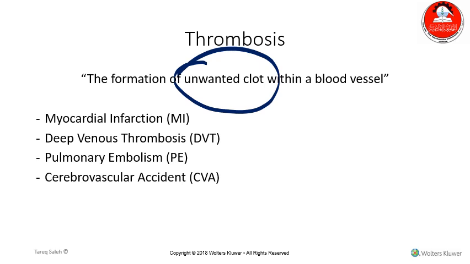The formation of this unwanted clot can result in a variety of pathologies, such as myocardial infarction, which is caused by abnormal thrombosis in the coronary vessels, deep venous thrombosis, which occurs due to the formation of blood clots in the large veins of the lower limbs, pulmonary embolism, which results from the occlusion of pulmonary arteries by emboli, and cerebrovascular accident or stroke.